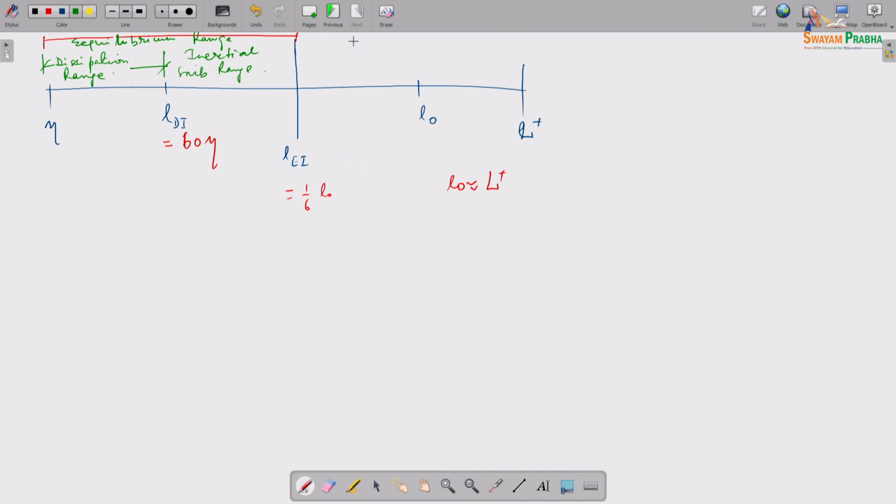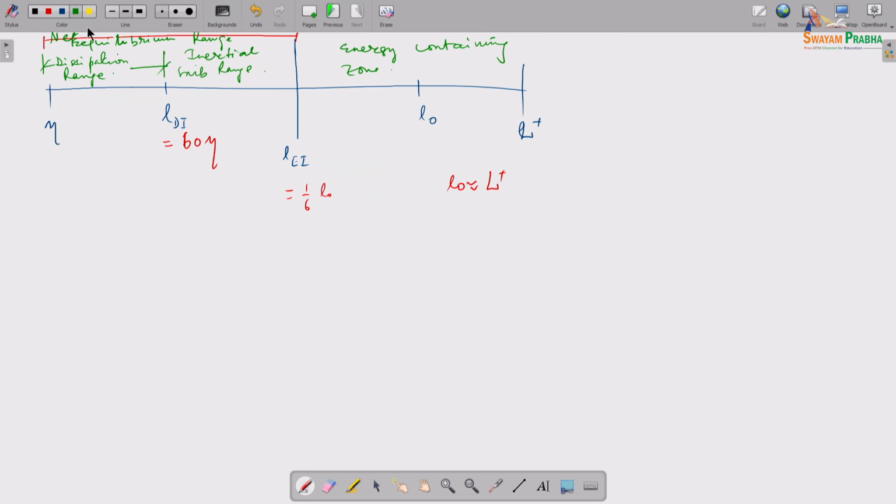Okay, and this of course is the energy containing zone. So this is the net equilibrium range, which is essentially less than 1/6 of this.